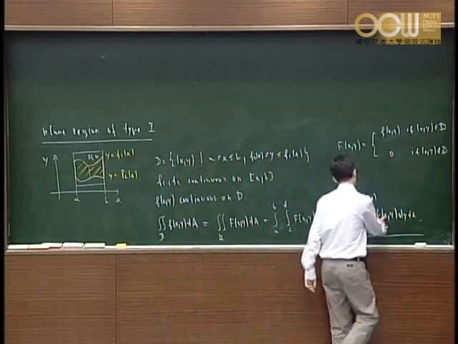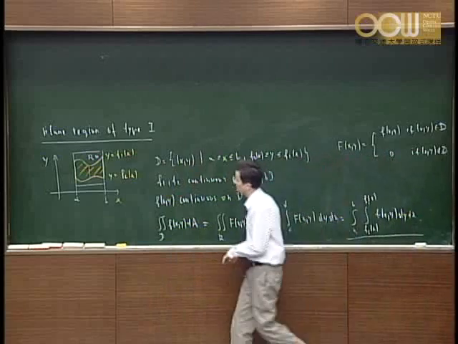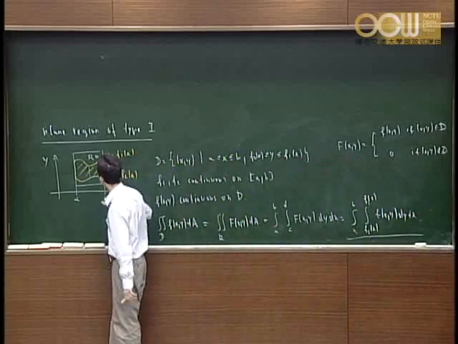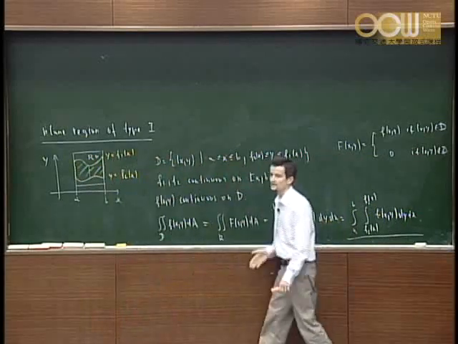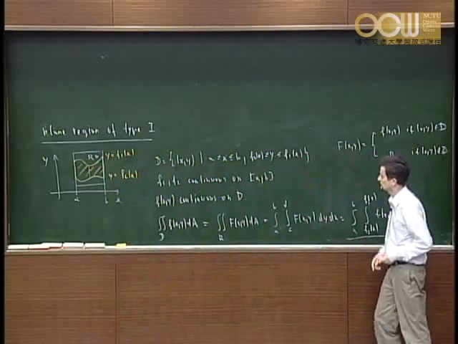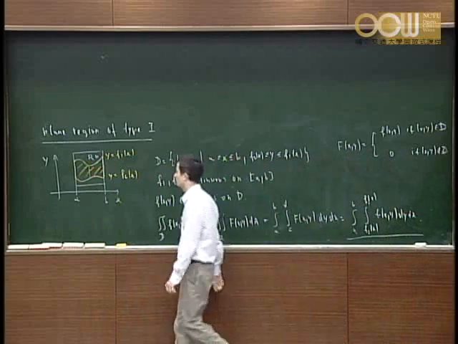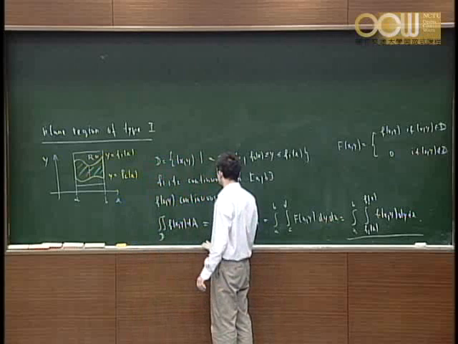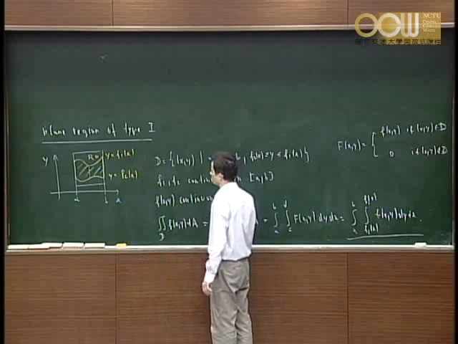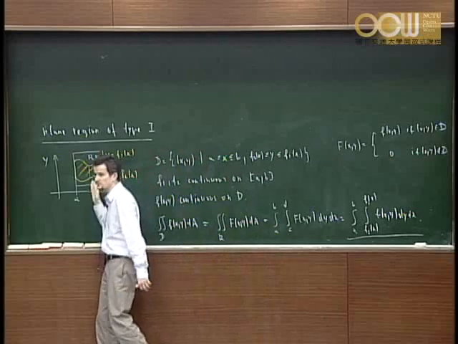You integrate from f2 of x to f1 of x, so you compute the length of this line, and then you add over x. That's the interpretation you can always use in order to set up the integral. If you are given a function and you have to compute the double integral over some area, you first plot the area, and then you use this interpretation.